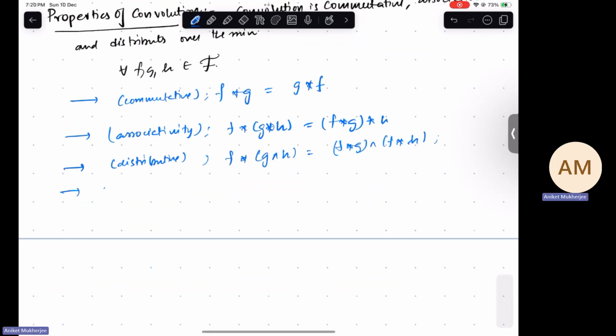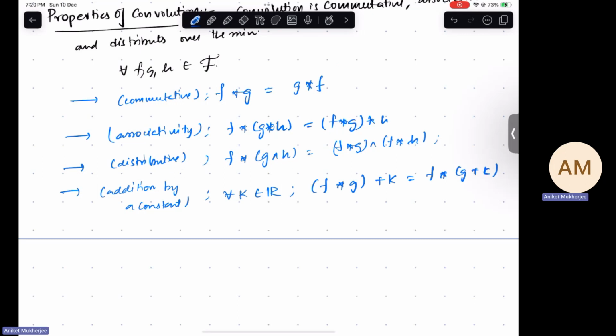The last is addition by a constant, right? So for all k belongs to R, we have f convolution g plus k equal to f convolution g plus k, right?